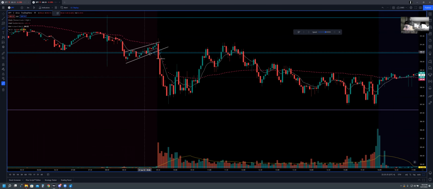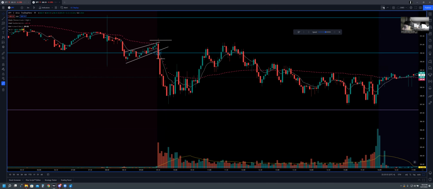So if you take this entry right here as it's breaking, your stop loss is about up here, right? So you enter here, you set your stop here because you're entering as it's breaking. It hasn't closed yet, it's not confirmed.